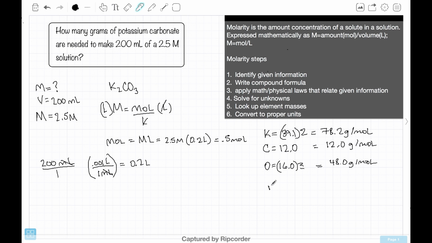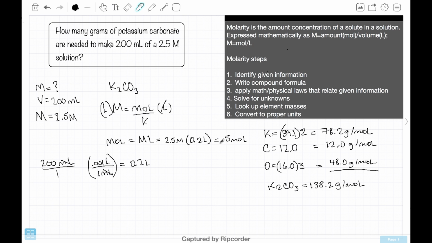So the total mass of potassium carbonate turns out to be the sum of everything that we found here, and that's 138.2 grams per mole.